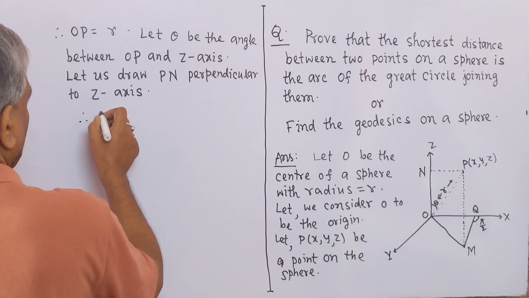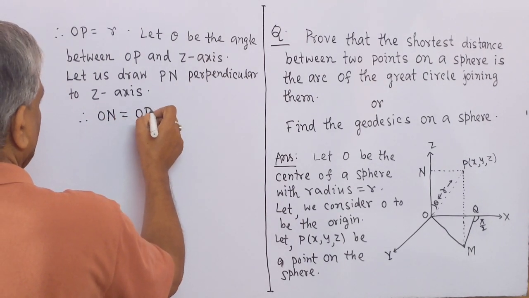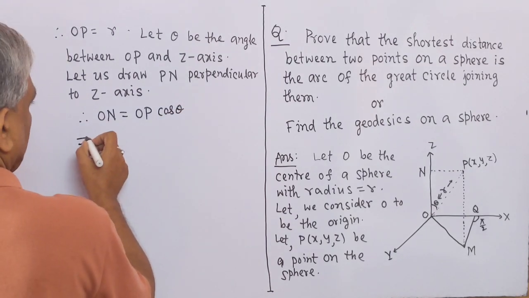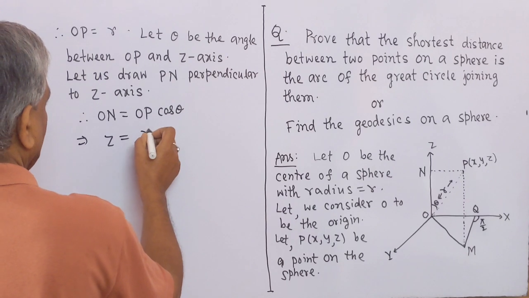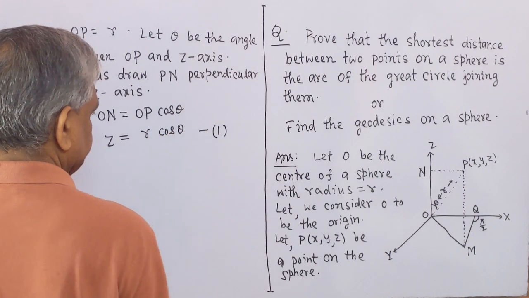Therefore, ON equal to OP cos theta, so ON equal to z, and z equal to r cos theta. And this is number 1.